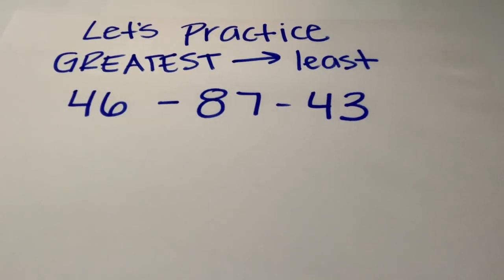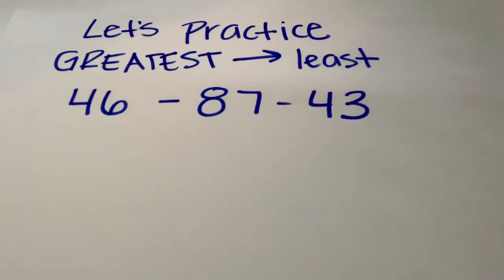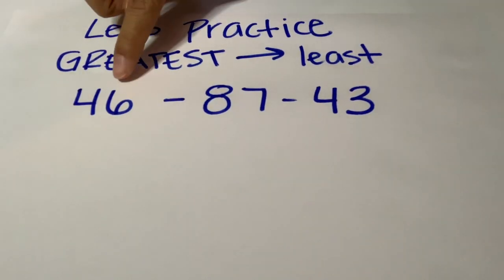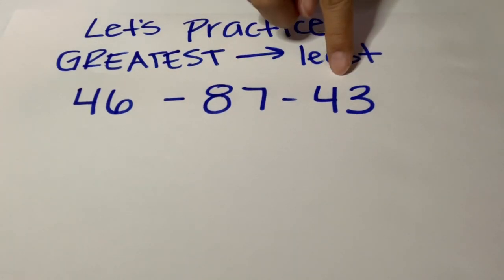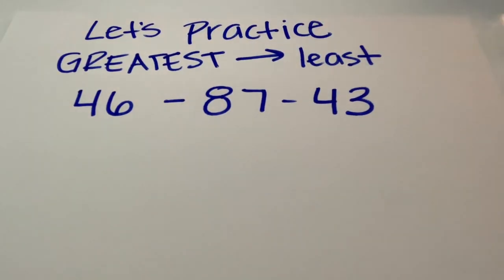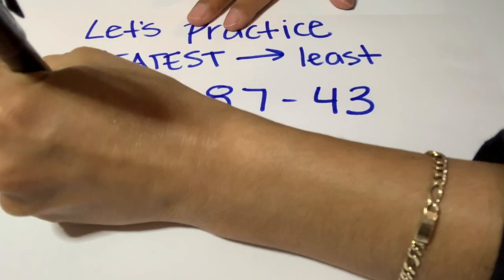So let's practice. Remember that we are putting numbers in order from greatest to least. Here, I have given you 46, 87, and 43. Okay? The first thing we're going to do is underline our tens place.